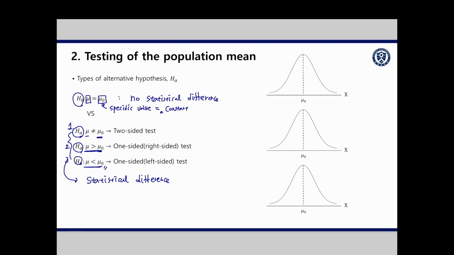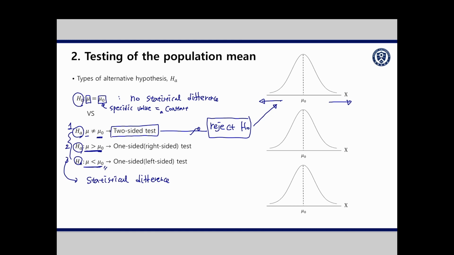So the direction of rejecting H0 is as follows. In category 1, the direction is two-sided, so it's called the two-side test.